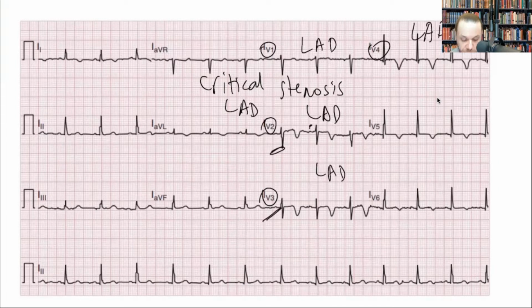They say 75% of patients with this finding have deeply inverted T waves, and about 1/4 of these patients will display biphasic T waves in the same leads. Abnormalities are often seen in leads V1 through V4, occasionally in V5, V6. And what you need to know is patients presenting with this type of problem will have unstable angina, and they'll have critical coronary stenosis, right? Potential for acute MI.